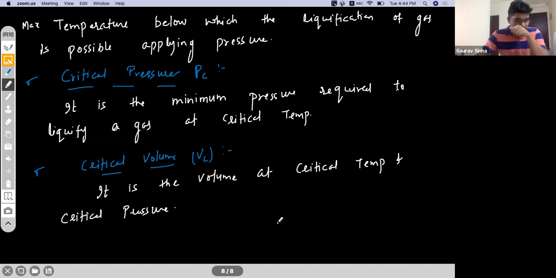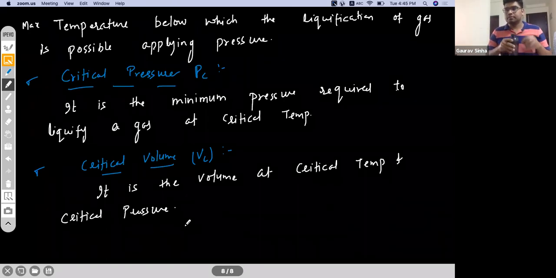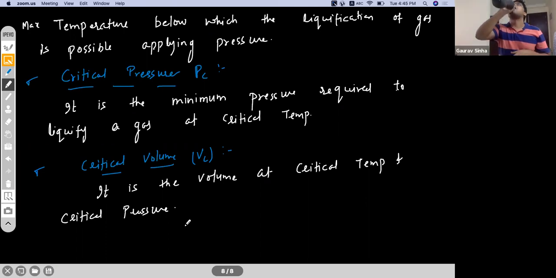Okay, TC, PC, and VC. Done. All these parameters are actually defined for 1 mole.